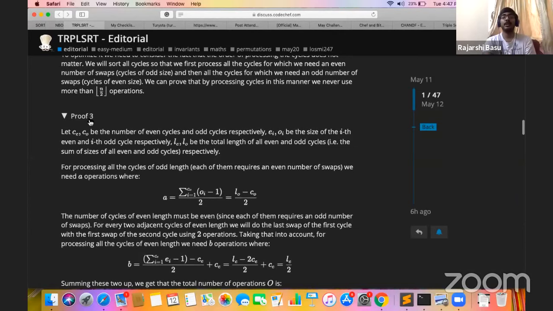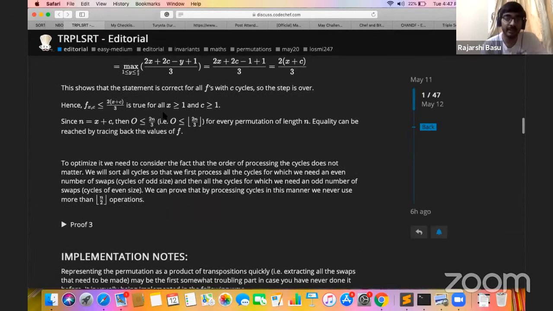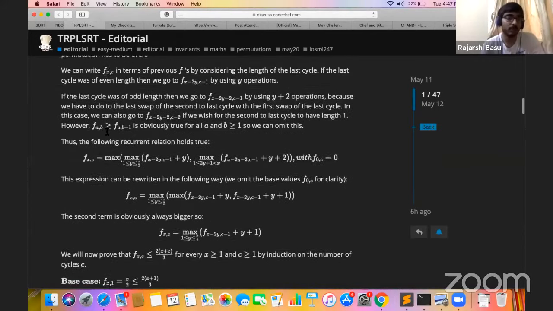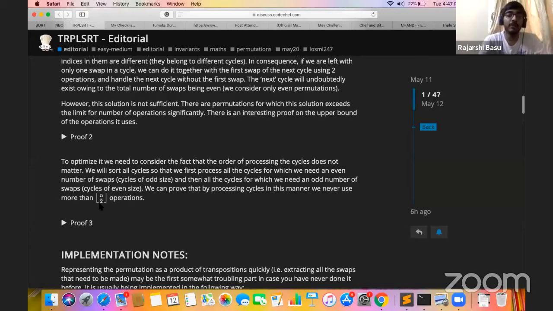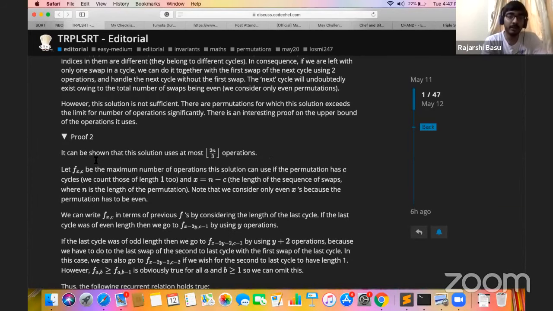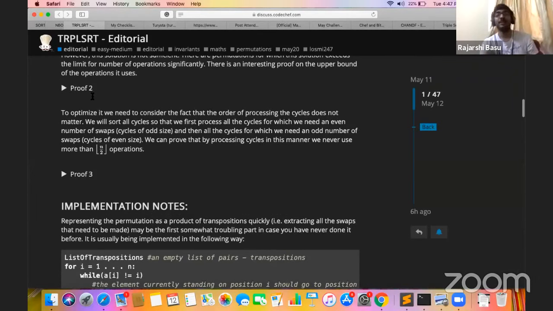But to me it seems intuitive that we will want to do the cycles with an even number of swaps first, and then the cycles with an odd number of swaps. But still it's given here if someone wanted the proof. I will not go over the proof today because it's not short. So yeah, check out the editorial for the proof.